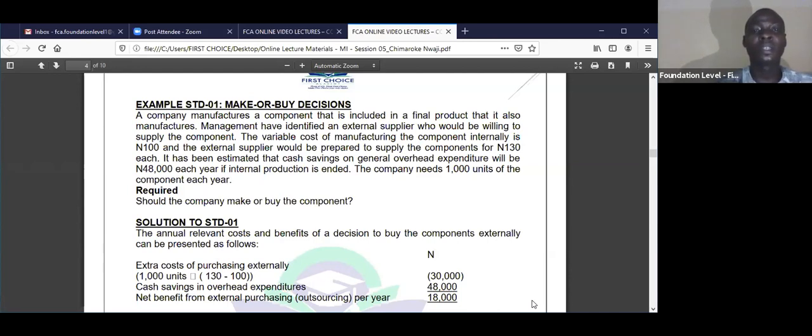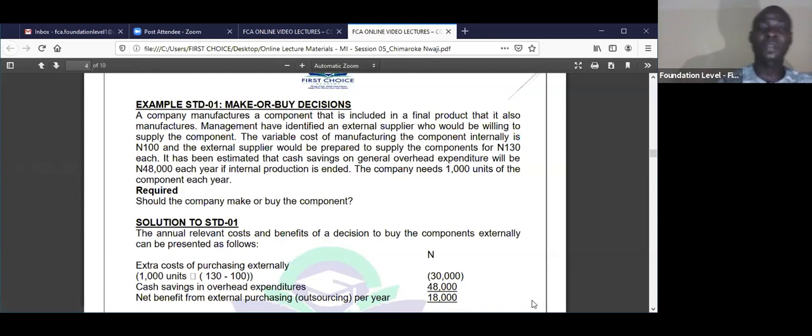So management have identified an external supplier who will be willing to supply the component. So in place of component, let's call it bottle. Who will be willing to supply the bottle? The variable cost of manufacturing the bottle internally is 100 naira. And the external supplier would be prepared to supply the components for 130 naira each.